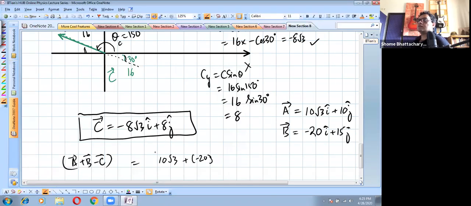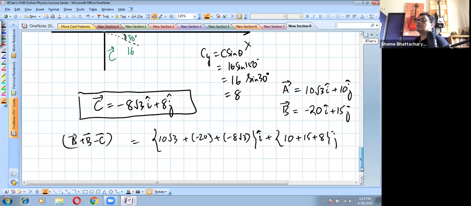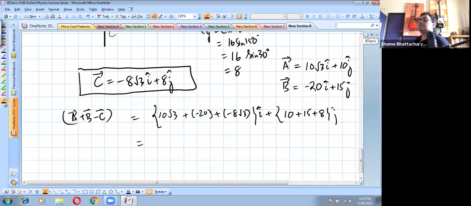Then the vector C similarly had an x component which is negative. So minus 8 root 3. The whole thing into i cap. Plus again A plus B minus C: so A's y component is 10, B's y component is 15, and C's y component is 8. So this is the vector. So the vector A plus B minus C is becoming 10 root 3 minus 8 root 3. So that's 2 root 3 minus 20.